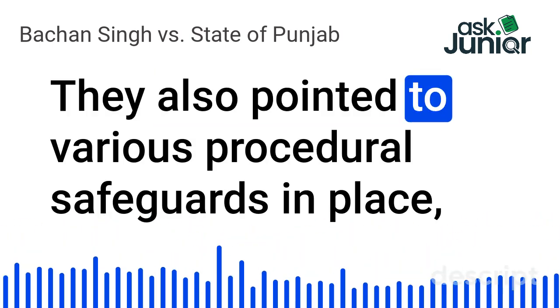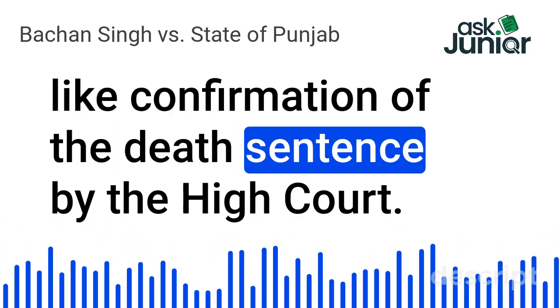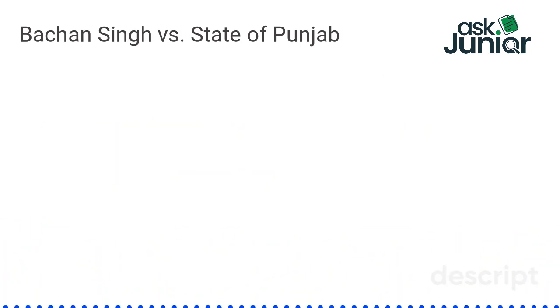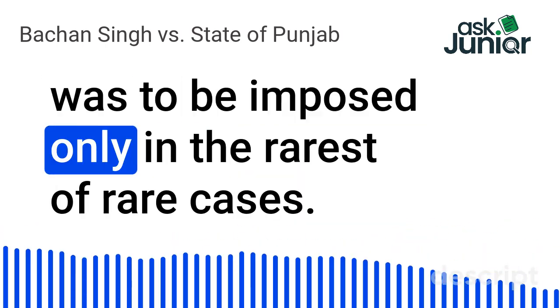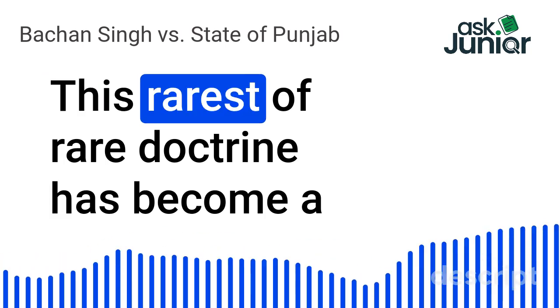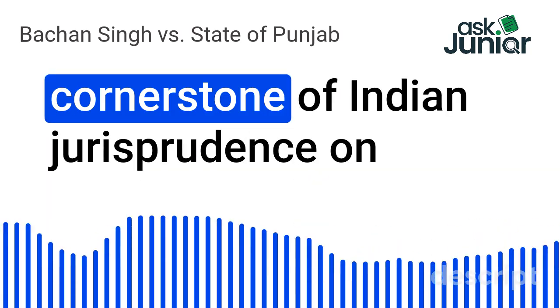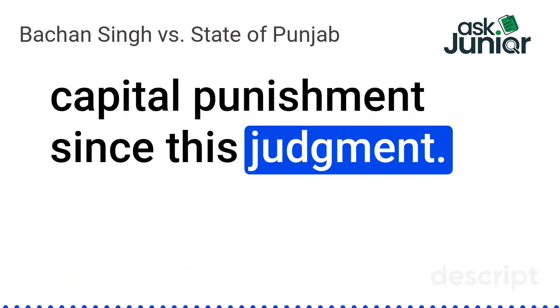They also pointed to various procedural safeguards in place, like confirmation of the death sentence by the High Court. The majority also emphasized that the death penalty was to be imposed only in the rarest of rare cases. This rarest of rare doctrine has become a cornerstone of Indian jurisprudence on capital punishment since this judgment.